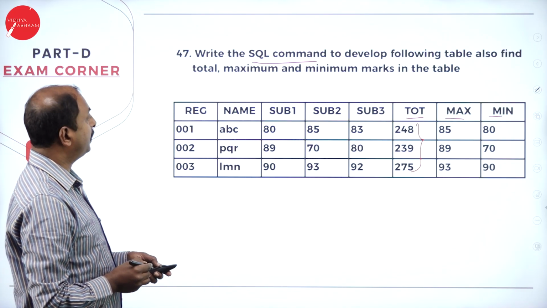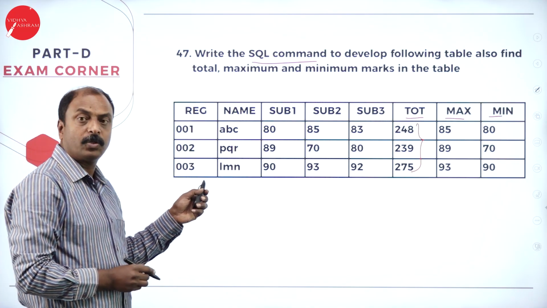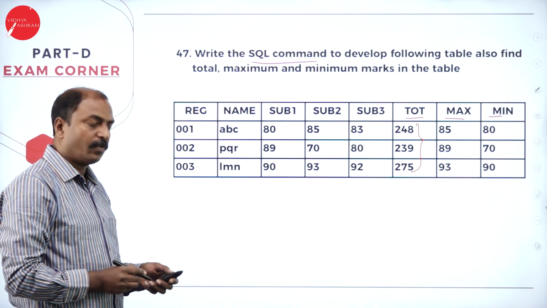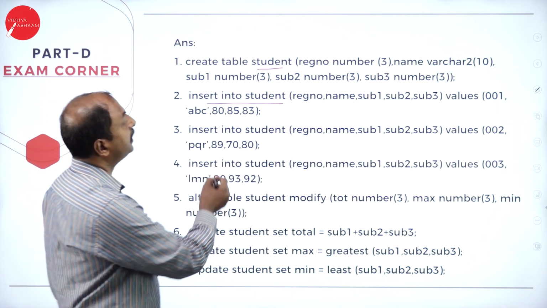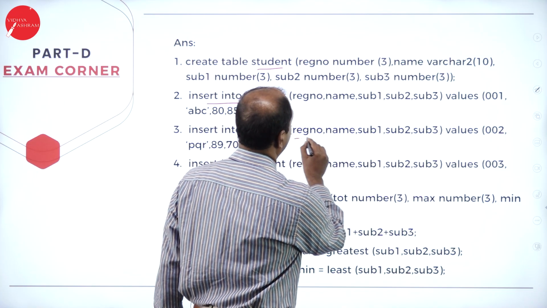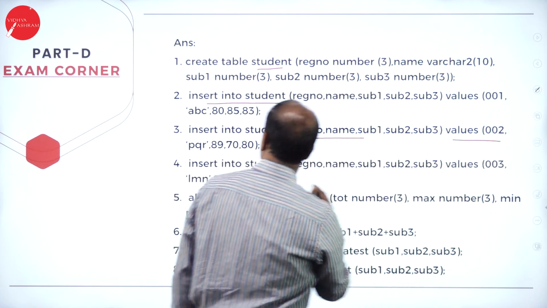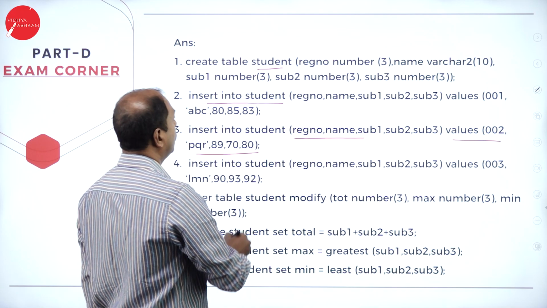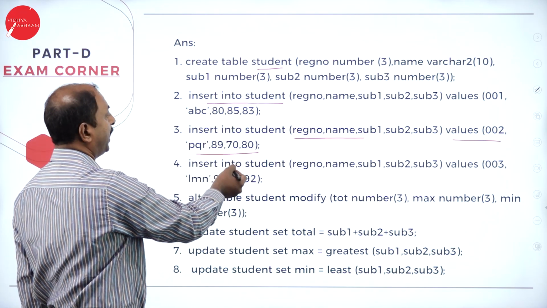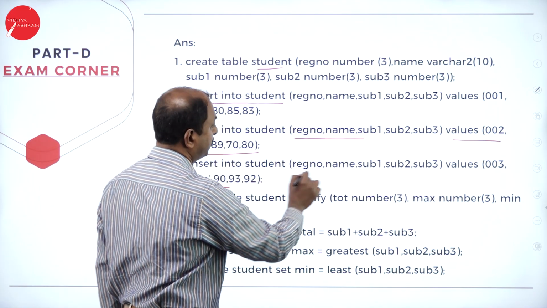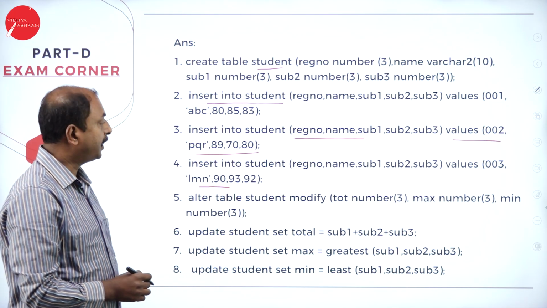In this example, there are 3 rows. We have to make use of the insert query 3 times with the same values given in the table. So first row, second row, and next row. Here we are inserting the values into the table.